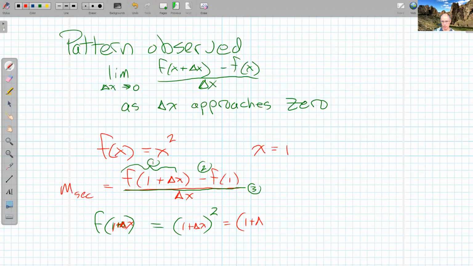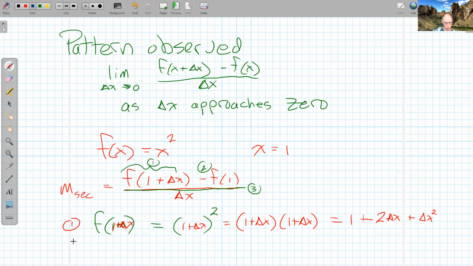So that's 1 plus delta x times 1 plus delta x, which is going to give us 1 squared plus 1 delta x and another 1 delta x. So there'll be 2 delta x's and then plus delta x squared. And that's that. Then I get to subtract f of 1. Well, 1 squared is 1, so that was step 1 there.